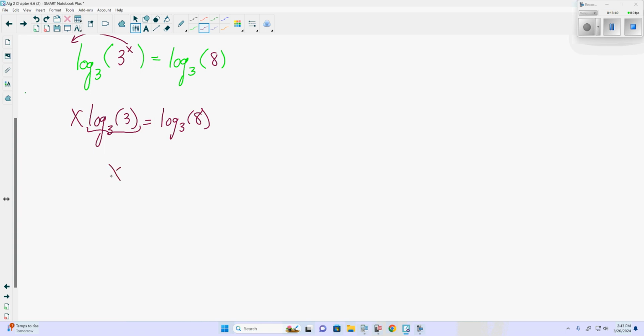So we have 1 times x, which is just x. X equals log base 3 of 8.